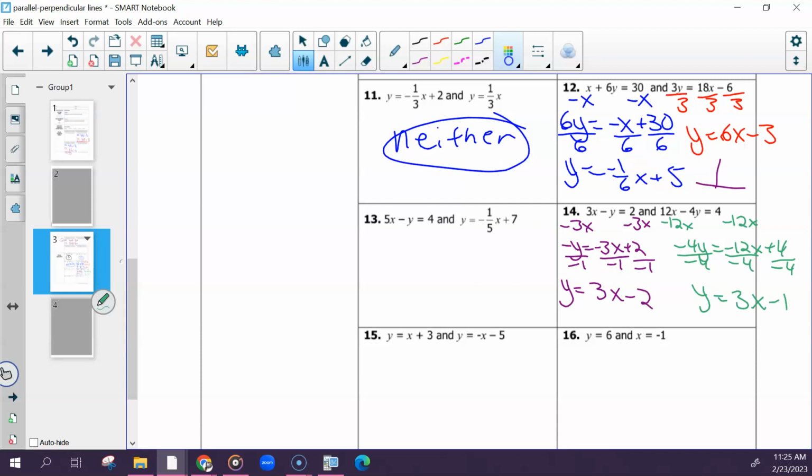So these should have been the two equations you found. Y equals 3x minus 2 and y equals 3x minus 1. Are these parallel, perpendicular, or neither? Neither.